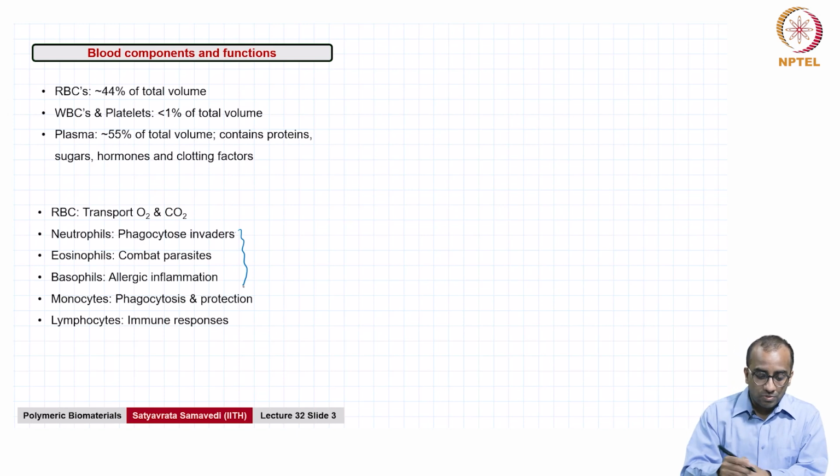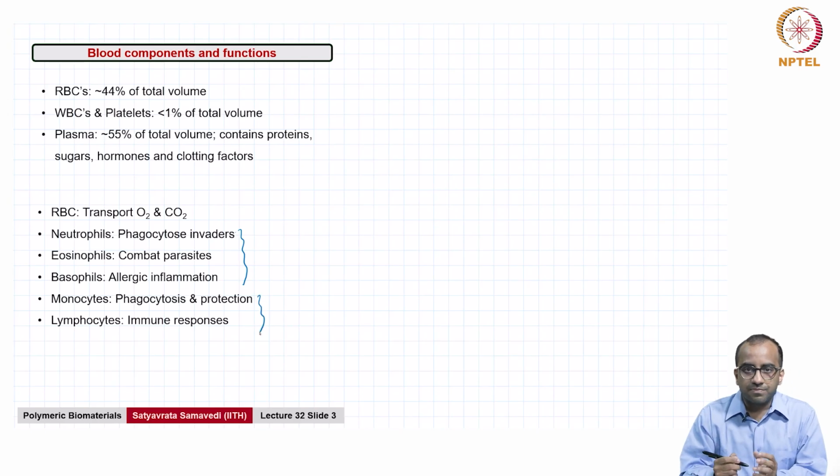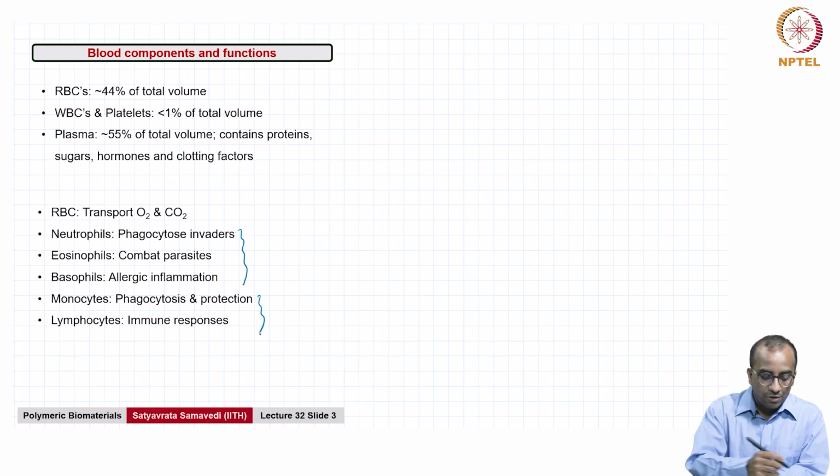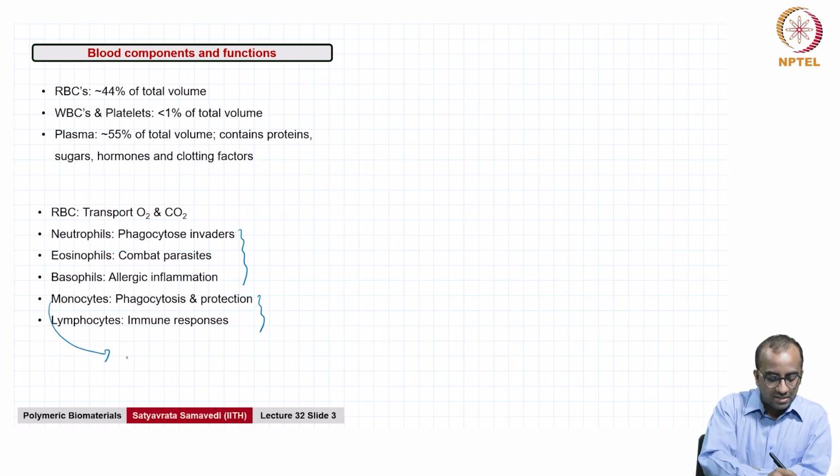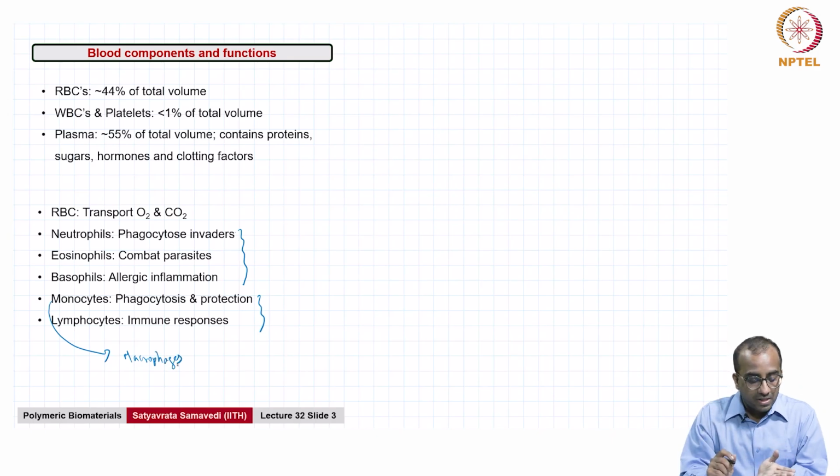Apart from these, you also have two other types of white blood cells, namely monocytes or more specialized forms of monocytes called macrophages, which we will have a chance to look at in the next lecture, as well as lymphocytes, T and B lymphocytes, which are memory cells that are involved in the adaptive immune response, which are also very important when we look at biomaterial interactions in the host.